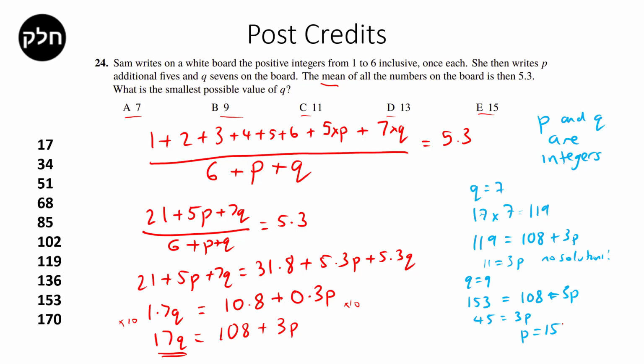So p equals 15, q equals 9, and that gives us our solution. There's no point in trying the others, because luckily we're looking for the smallest possible value of q. And it couldn't be 7, because 7 didn't work, which means it has to be 9. So there are 9 lots of 7s, and 15 lots of 5s. Bit of a mess, but we get to an actual answer, and it wasn't that bad.